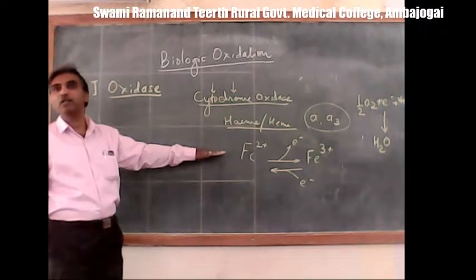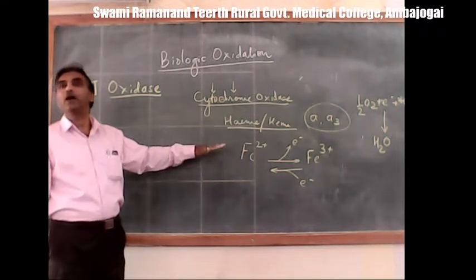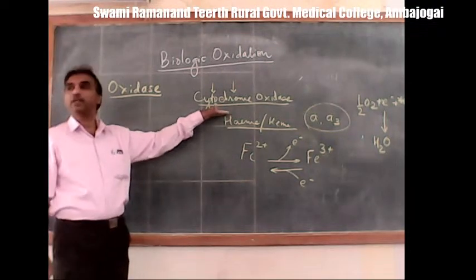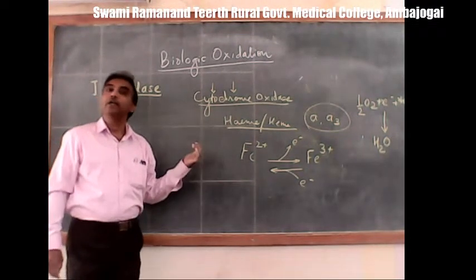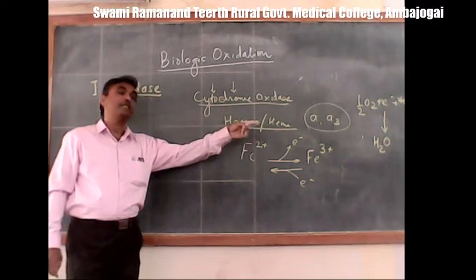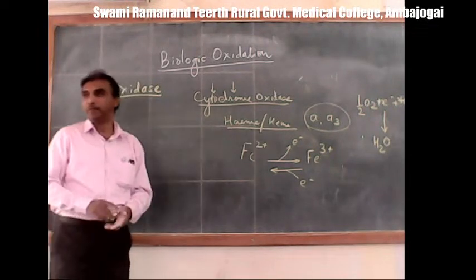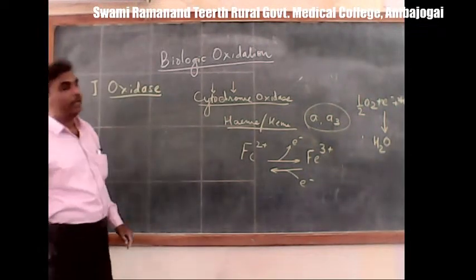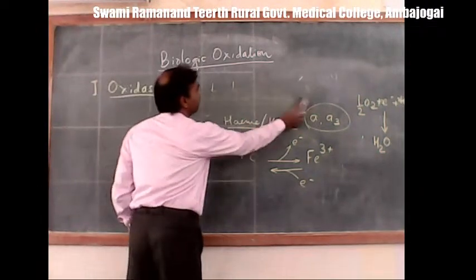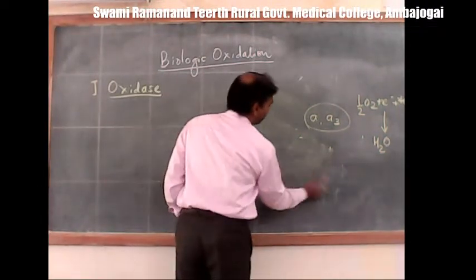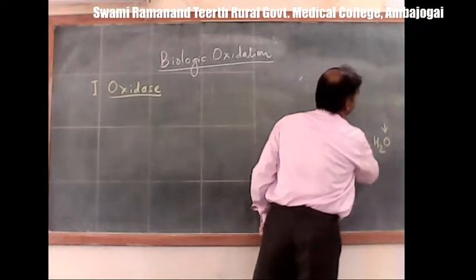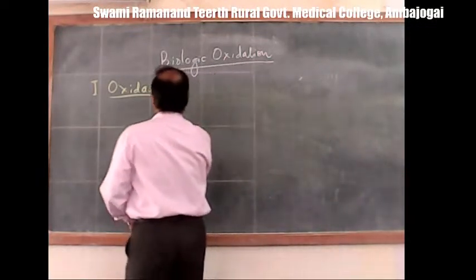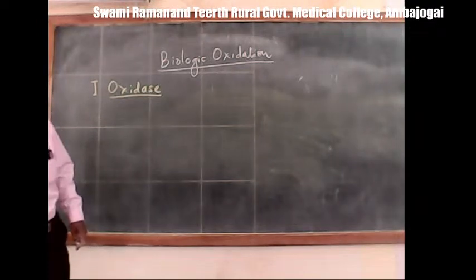We have seen that amino acid oxidase has FAD, while cytochrome oxidase contains heme A3 and is the last component of the electron transport chain. So this is the first. What is the second class of enzyme? These are described as dehydrogenases.